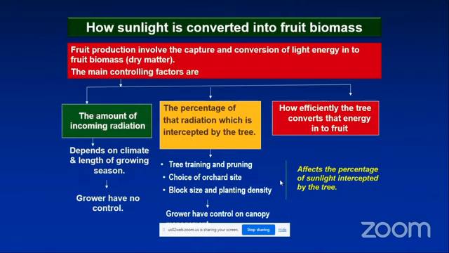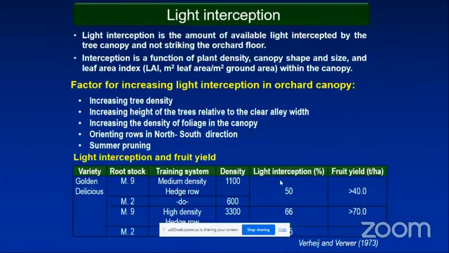As far as interception of radiation is concerned, tree training and pruning, choice of orchard site, block size and planting density are very important. Light interception is the amount of available light intercepted by the tree canopy and not striking the orchard floor. Interception is a function of plant density, canopy shape and size, and leaf area index.